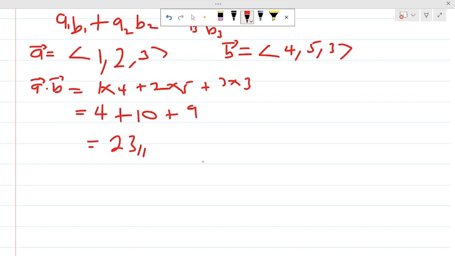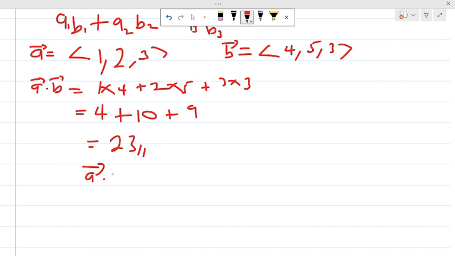Now we can find the angle between two vectors using the dot product concept. The angle between two vectors, let's say A and B, can be gotten from the dot product of these two vectors.